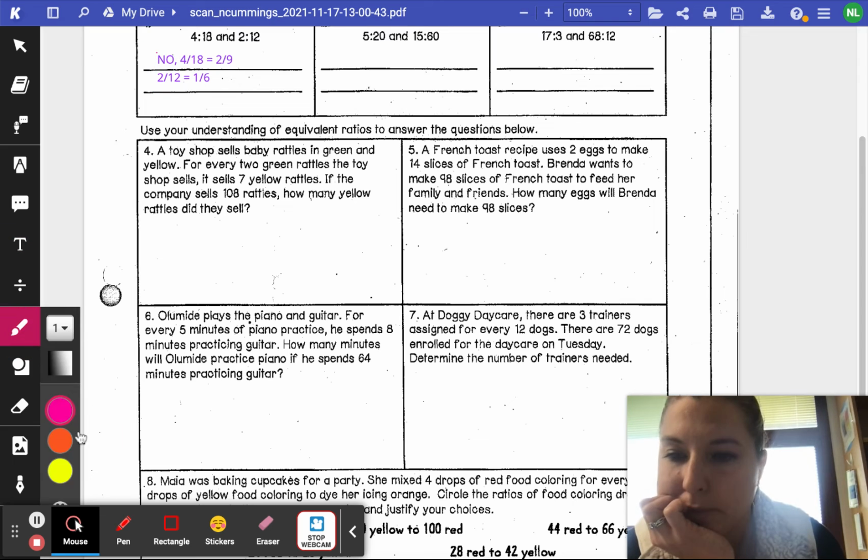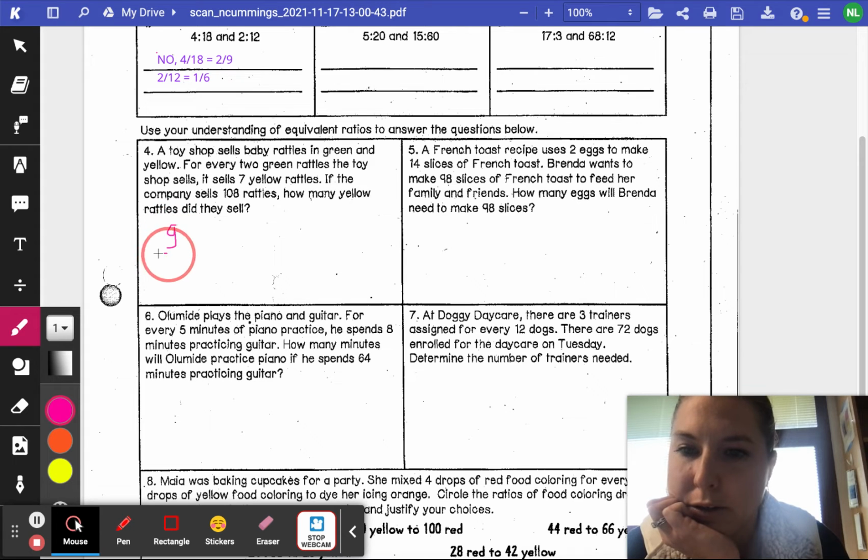So for this one, you're going to set up a ratio. It says for every 2 green rattles, so we've got green rattles over yellow rattles, and we have 2 green over 7.